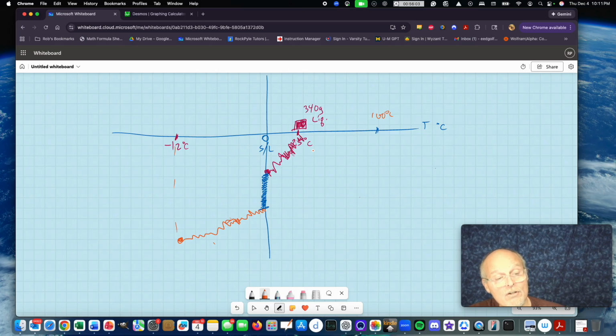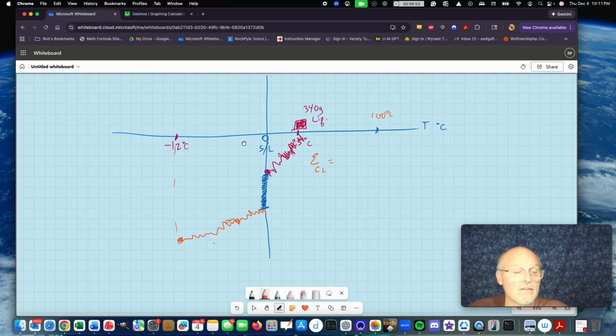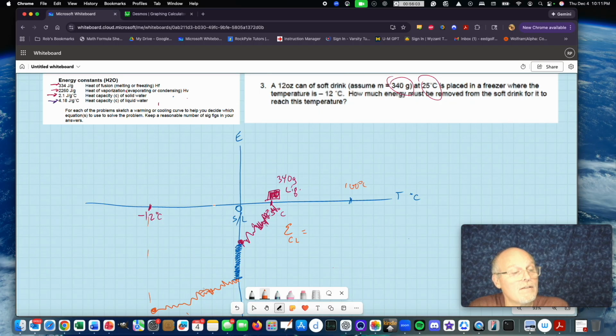So first I've got cooling as a liquid. The energy of cooling as a liquid uses the heat capacity of liquid water. I'm going to do this in the positive, but you need to know whether you're adding or taking away. So this will all be negative energy, but I'm going to do it in the positive and switch it.